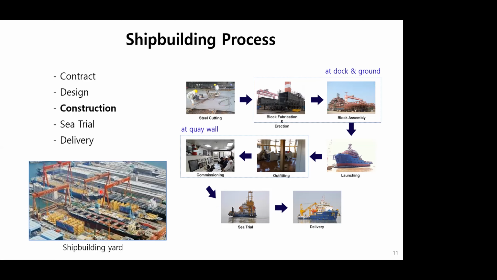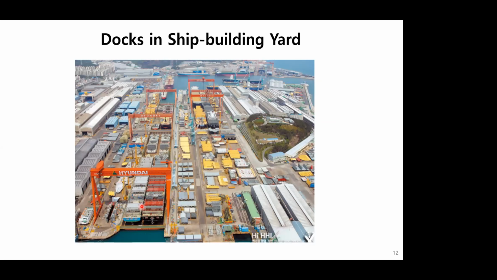In another dock, you can see three ships being built together. This photo shows a part of a big shipbuilding yard. You can see three big docks, and in each dock, usually three or four large ships are built together.